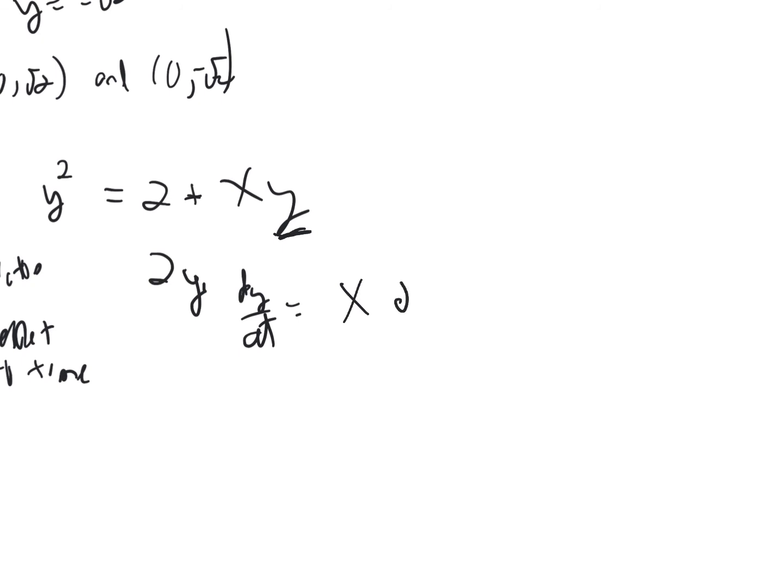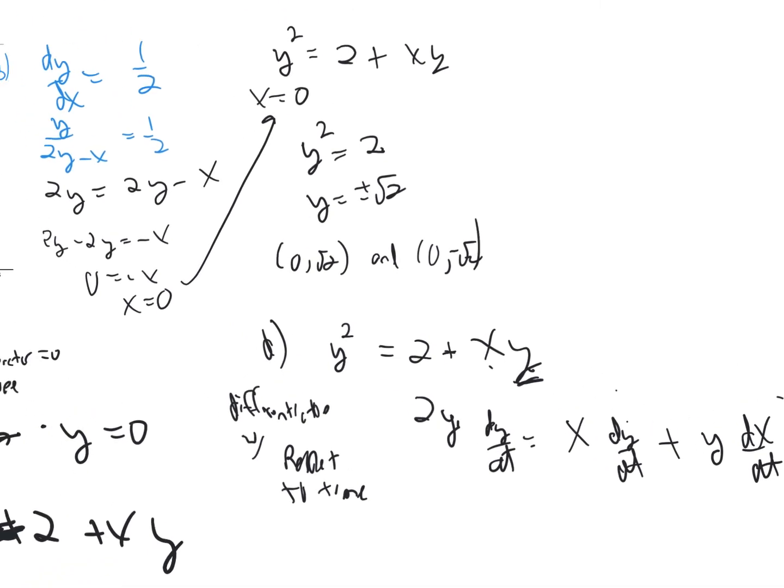So that's x times dy/dt, plus then I do the second, which is y, times dx/dt. Doesn't matter what order. Some of you do it the other way. That means you just would have these two reversed. It doesn't really matter. So there's my equation with respect to time. And did he give me any other information up there?